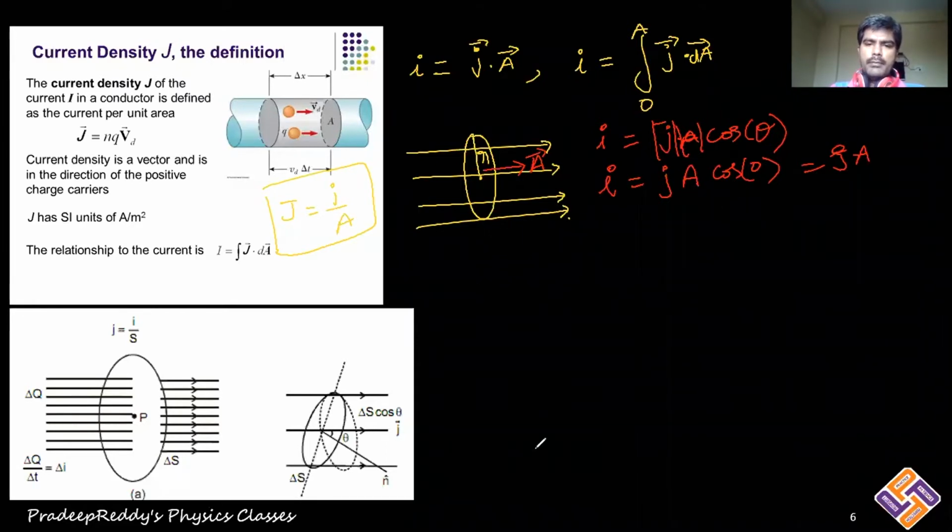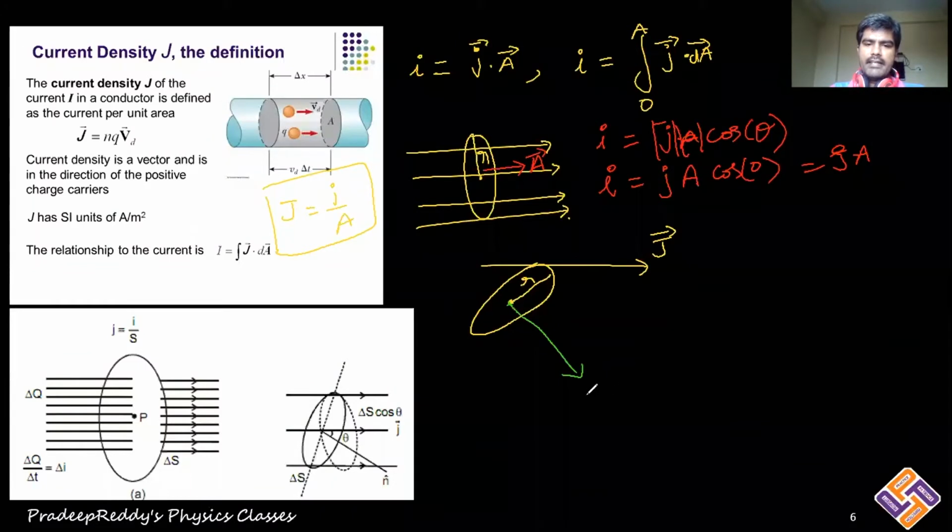Whereas sometimes you can have an area of cross section like this, as this is the plane of the area whose radius is R, and the current density is in this direction, J bar. But this plane is not exactly perpendicular to J bar. In such cases, what will you do? You will simply draw the area vector.